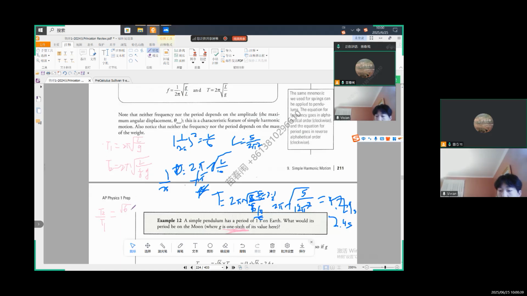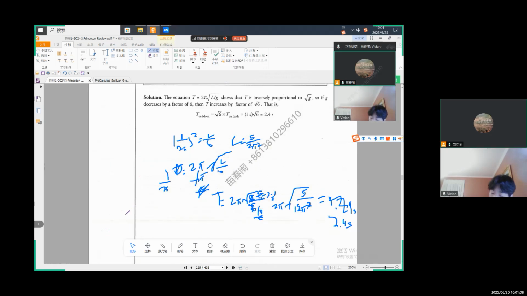Wait, it is square root of 6, right? So T2 equals T1 times square root of 6, and because T1 is 1, that means 1 times square root of 6, which is the same thing as your 2.45. Does that make sense? Using the ratio, it's also okay. When they have a ratio, we can use that.